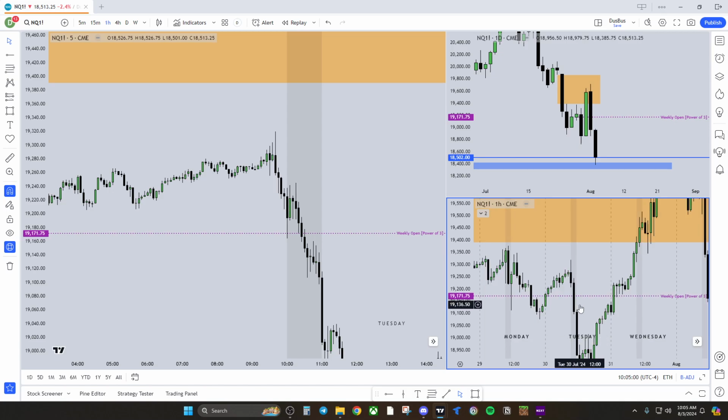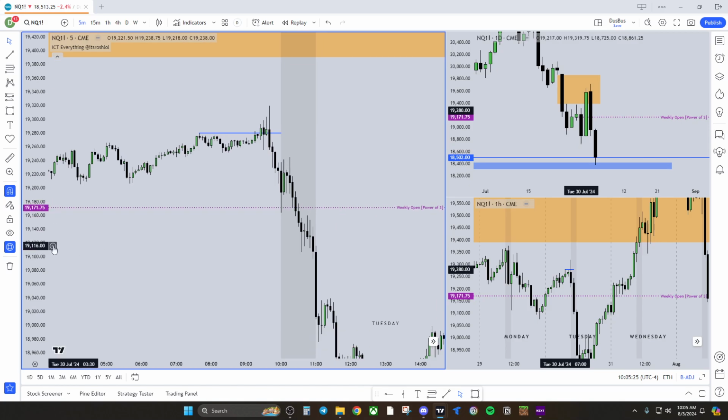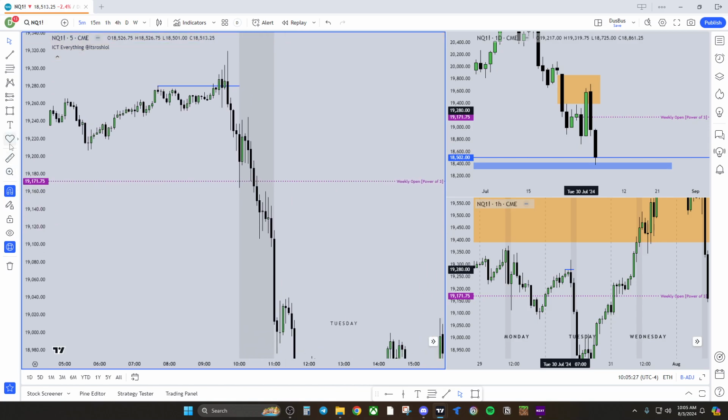So this is why time is actually so important, because on Tuesday my bias was long, looking for this inefficiency, but we take buy stops on the hourly. Then I'm letting the opening range form and tell me what it wants to do. So we take buy stops and we start trading lower, and we have a model short right here.